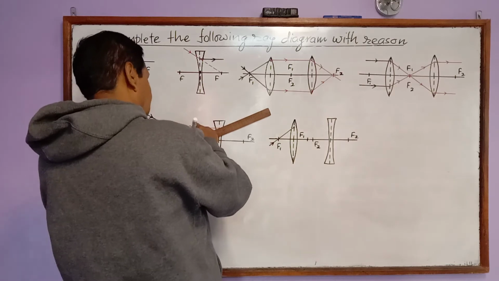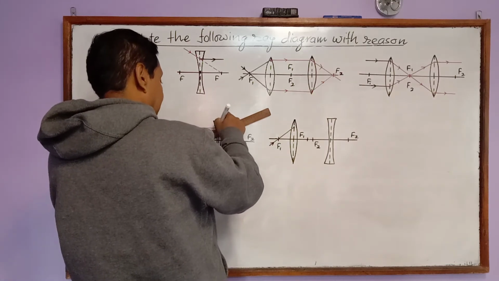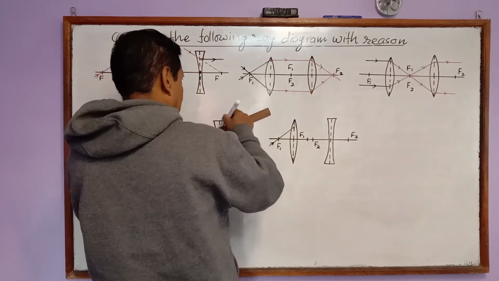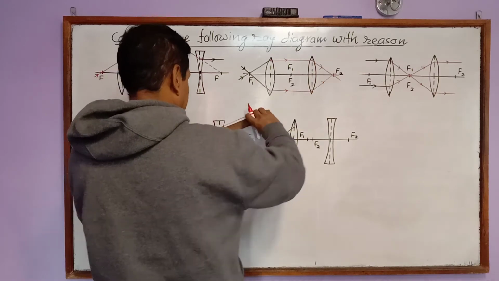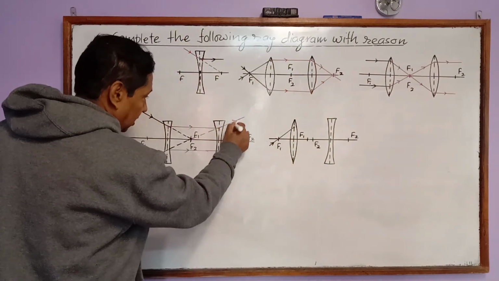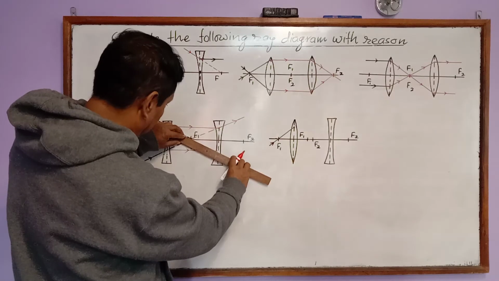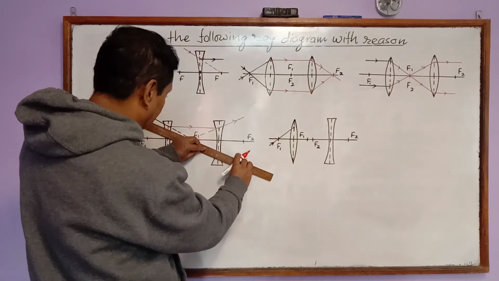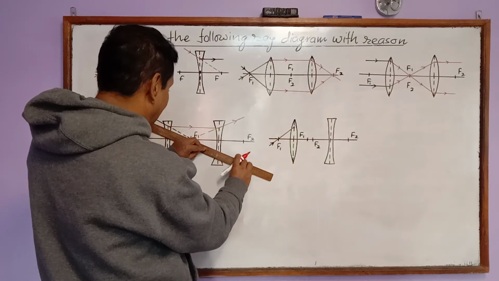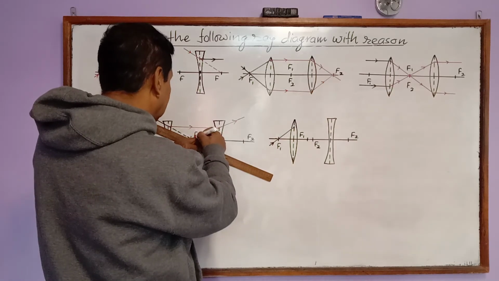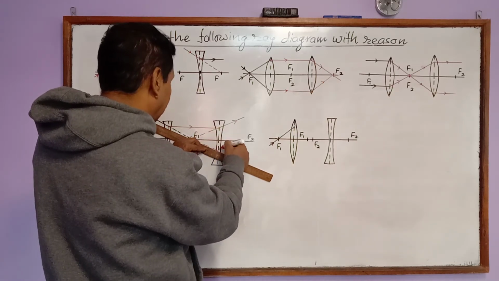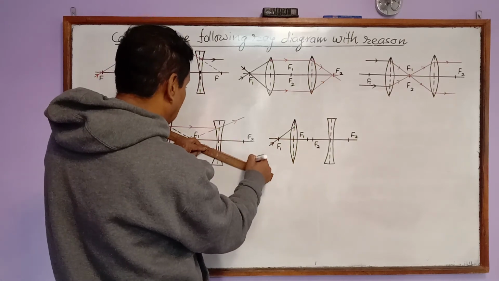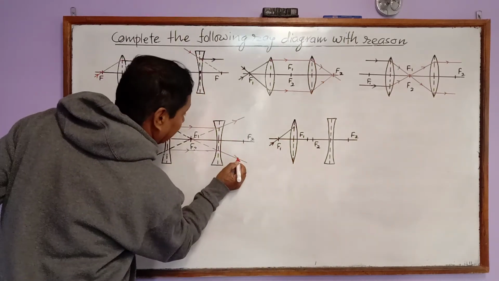That's why they diverge or appear to be coming from the focus. This way it diverges. Here also the same. The ray of light parallel to the principal axis appears to be coming from the focus of the concave lens after refraction.